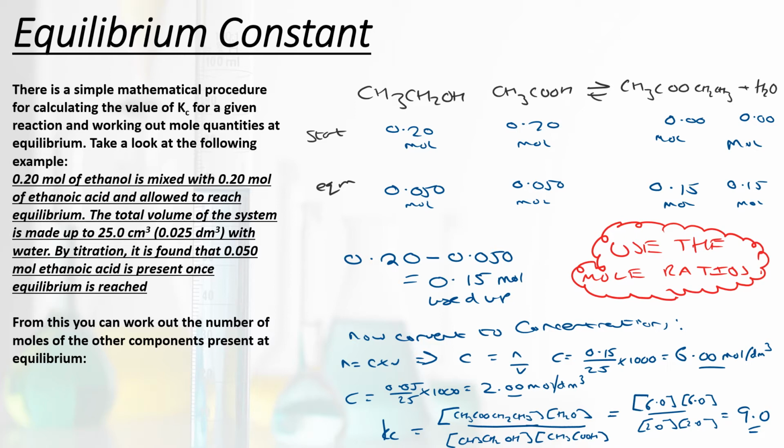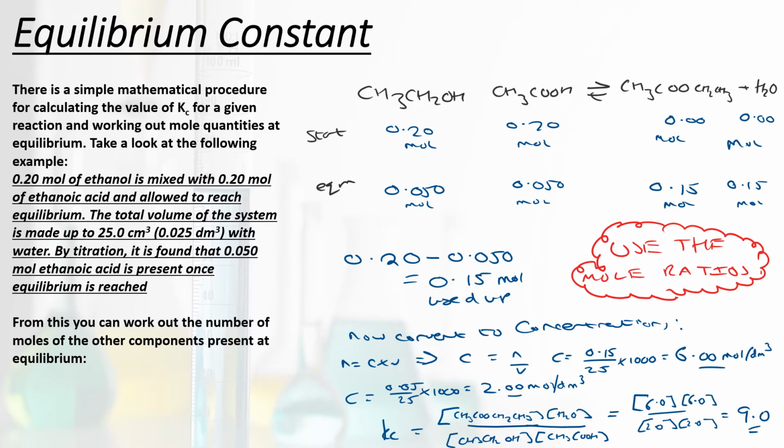I have a 1-to-1 mole ratio between my reactants. So 1 mole of ethanoic acid reacts with 1 mole of ethanol. So if there are 0.05 moles of ethanoic acid at equilibrium, there must also be 0.05 moles of ethanol, because it's a 1-to-1 ratio. However much ethanoic acid there is, there must be the same of ethanol. So there's also 0.05 moles of ethanol.